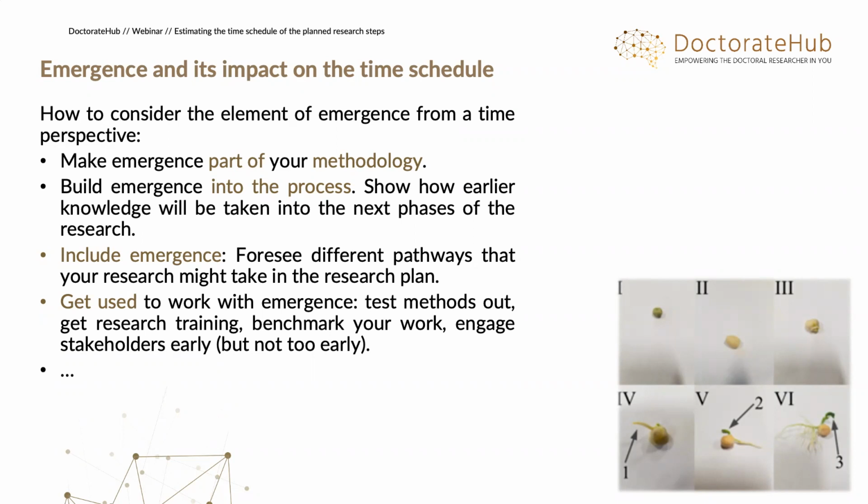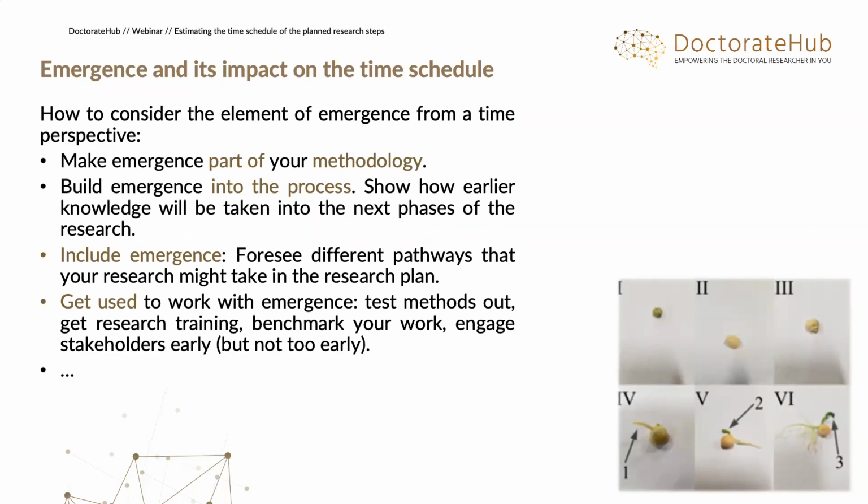Show how earlier knowledge, say you conduct first a survey, will be taken into the next phases of the research. Based on the surveys, you will conduct focus groups, based on the knowledge generated through that survey. Yeah, so you foresee that already. And again, you foresee different pathways that your research might take in the research plan.